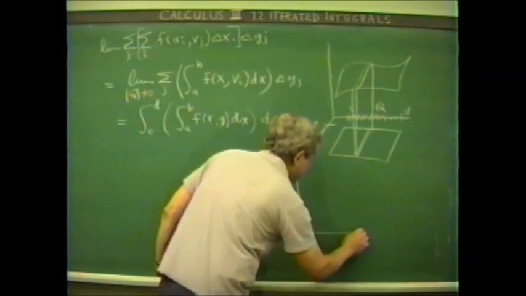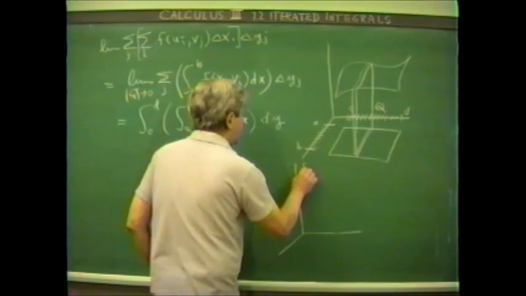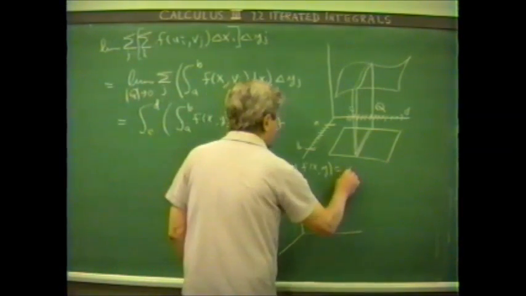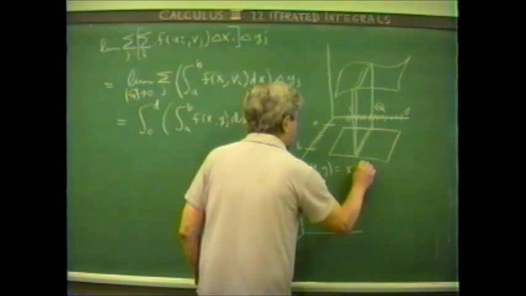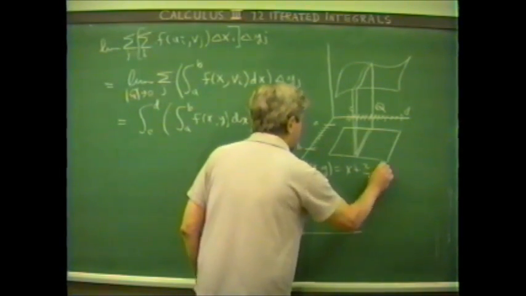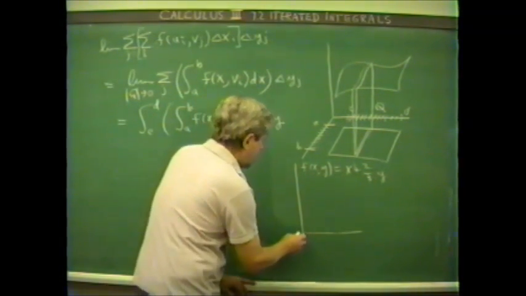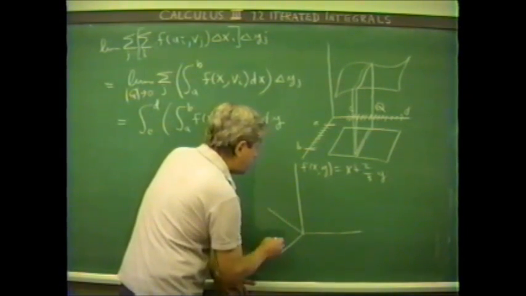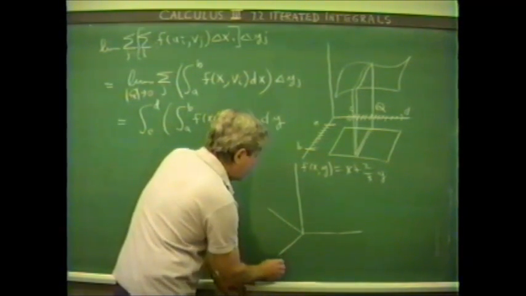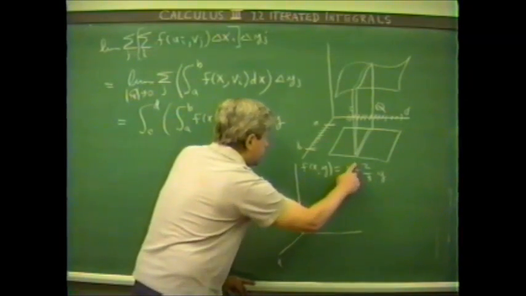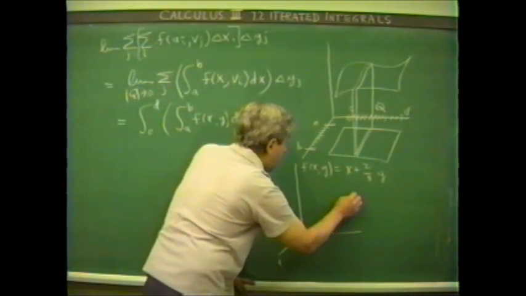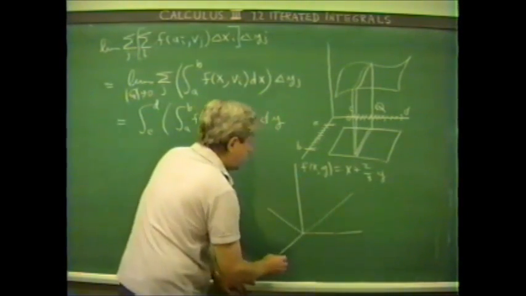A simple one. Let's suppose we have f of x and y equals x plus 2/3 y. This looks like this, and this is a graph. The graph of this is a plane. In the xz plane here, when y is equal to 0, it looks like x. Over here, it looks like 2/3 y. So the plane comes up here like so.